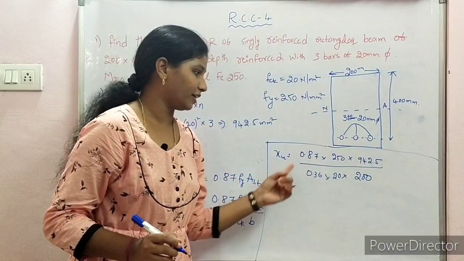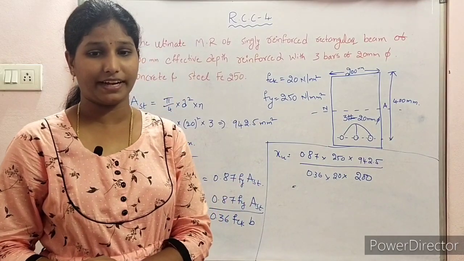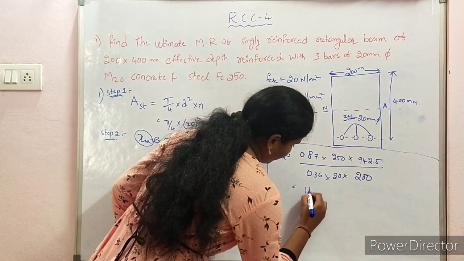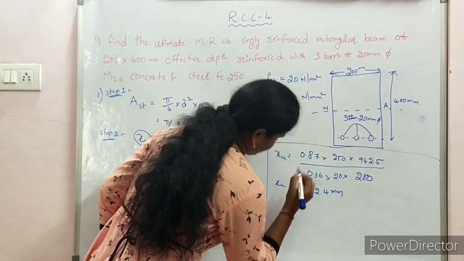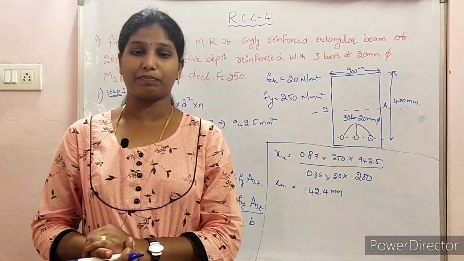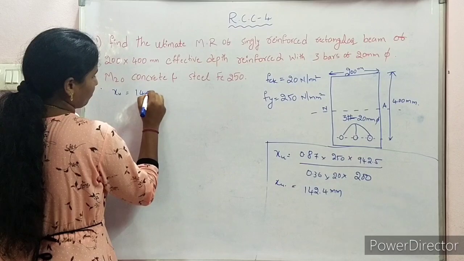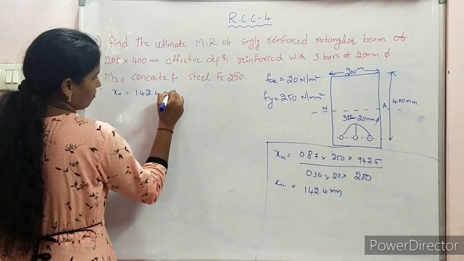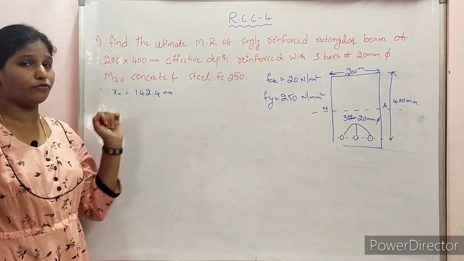These values are calculated in a scientific calculator. After calculation, we will get 142.4 mm. This is the XU. We got XU is equal to 142.4 mm.